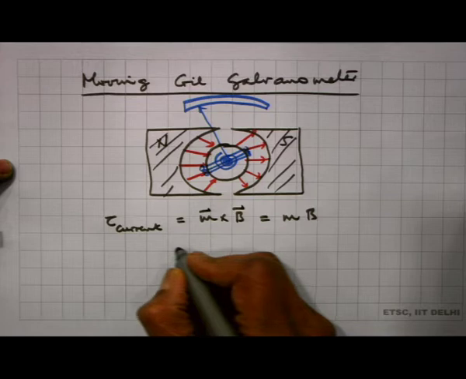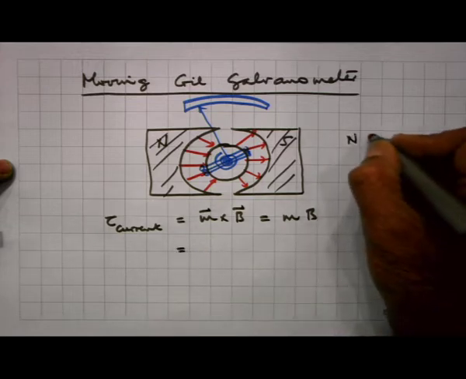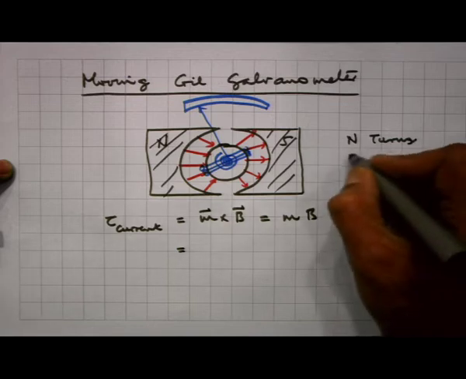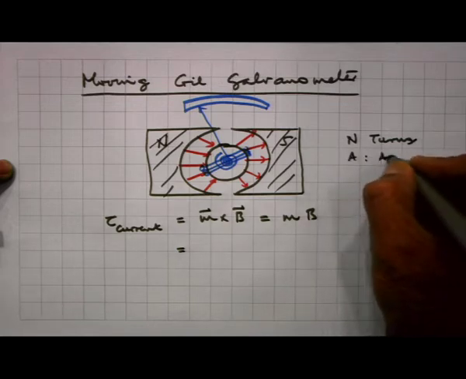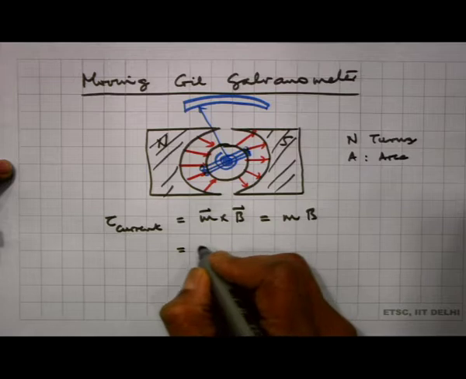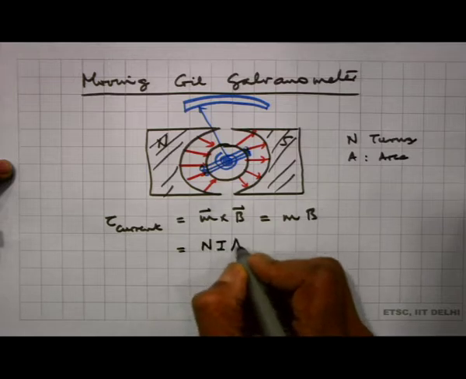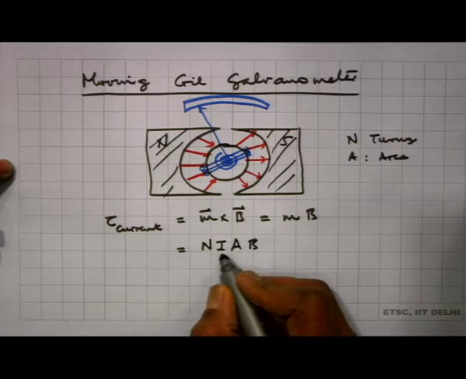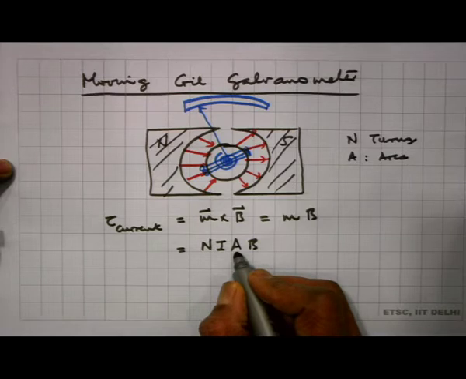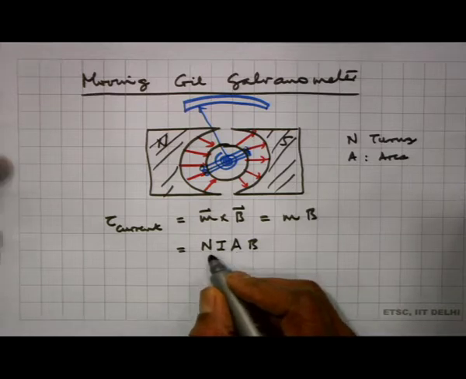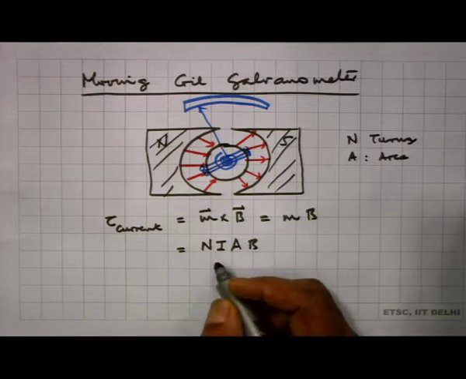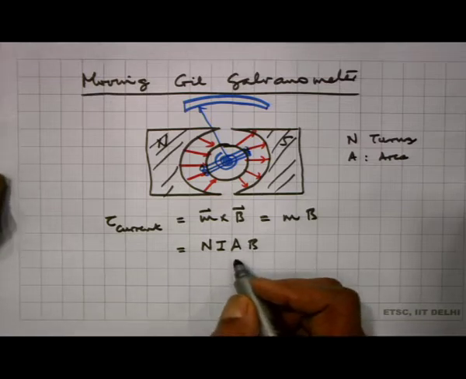If there are N turns and the current is I and the area of the loop is A, then m is N times I times A, into B. So, A is the area of the loop, I is the current passing through this. For one loop the dipole moment is I times A, and if I have N such closely bound loops, the total dipole moment is NIA, and the torque due to current is tau equals NIAB.